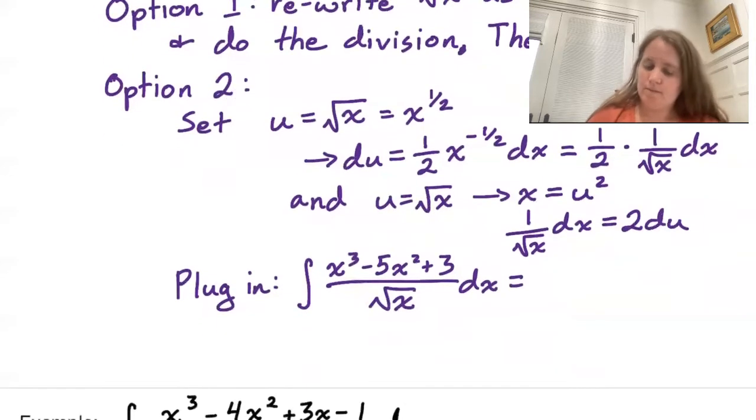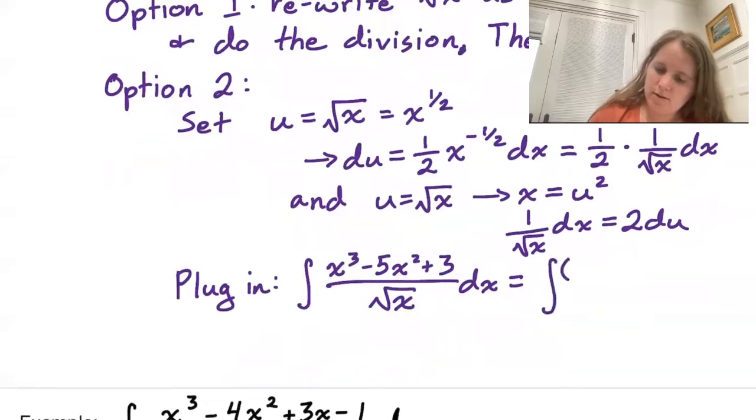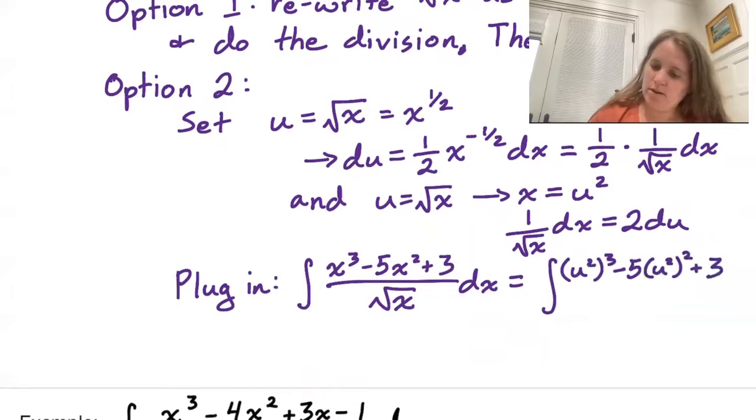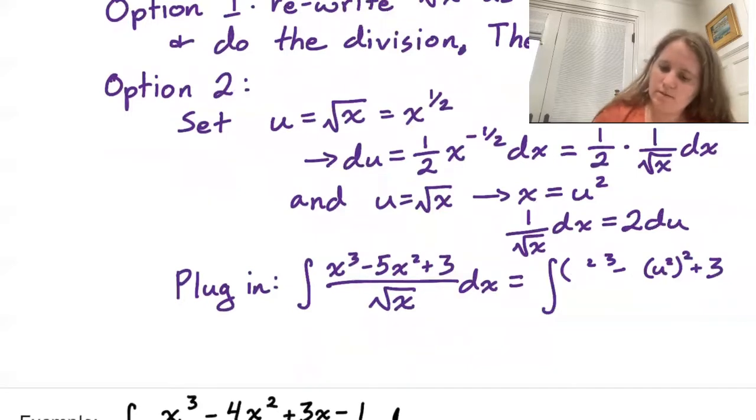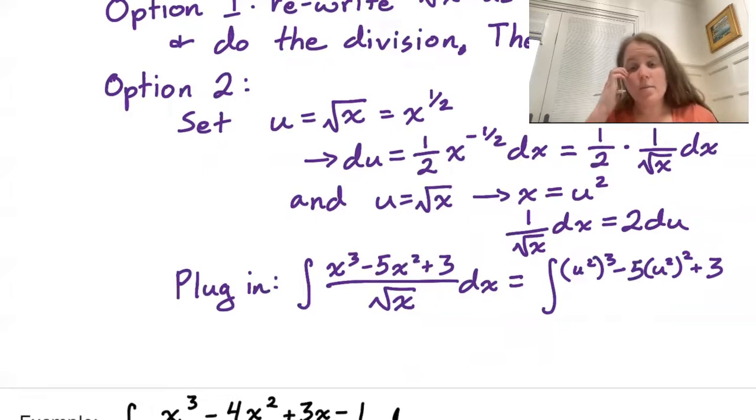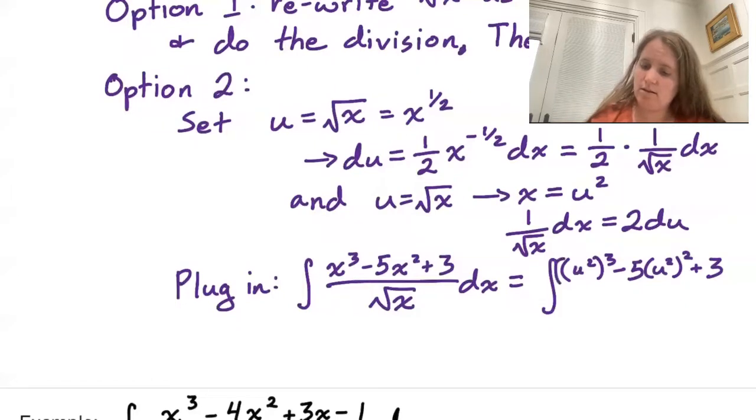This becomes the integral of u squared cubed minus 5u squared squared plus 3. Then over that, sorry about that. All right, plugging back in. Then 1 over square root x dx was 2 du.